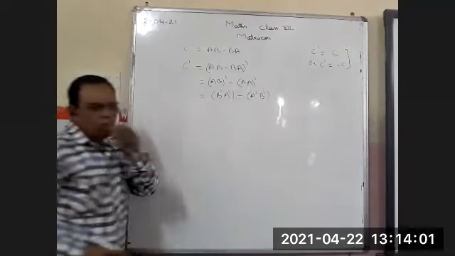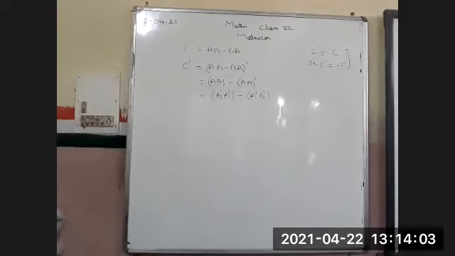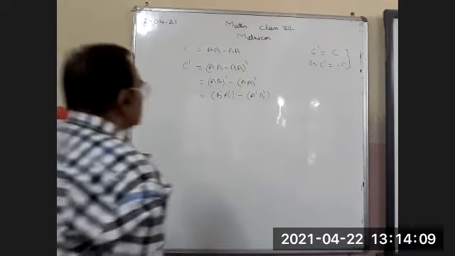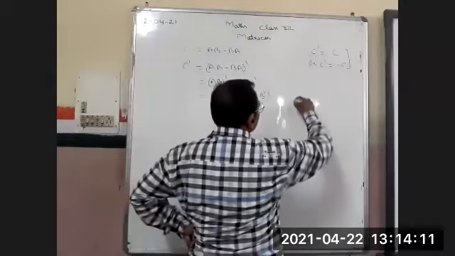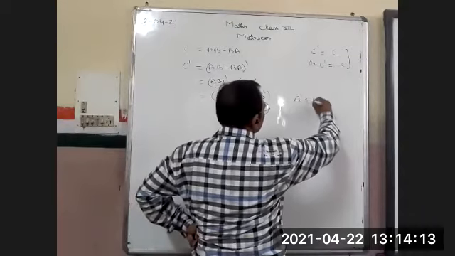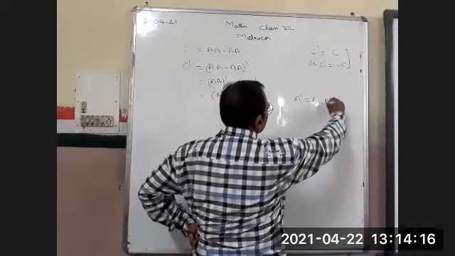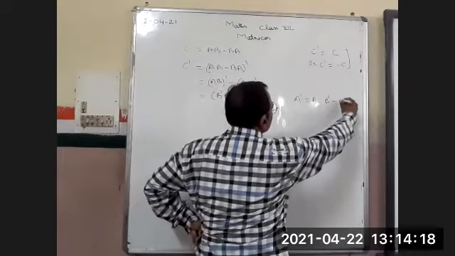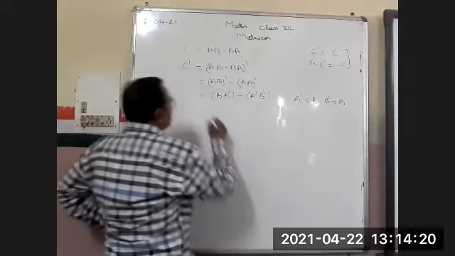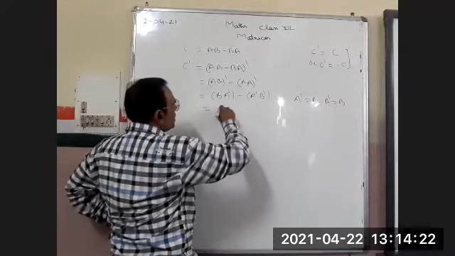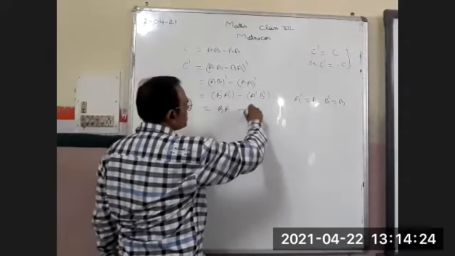ठीक है? But they have mentioned A and B are symmetric matrices. It means transpose of A is equal to A, and transpose of B is equal to matrix B. Then the answer will be BA minus AB.